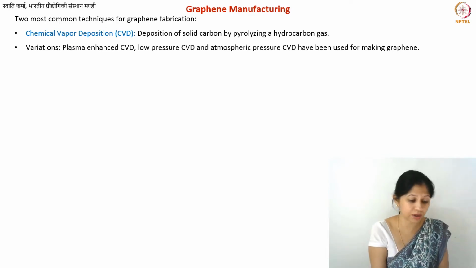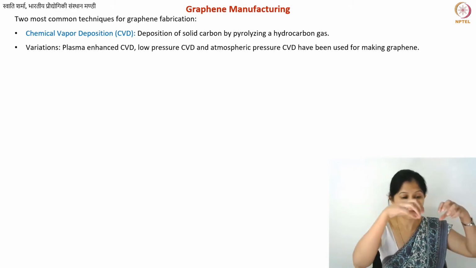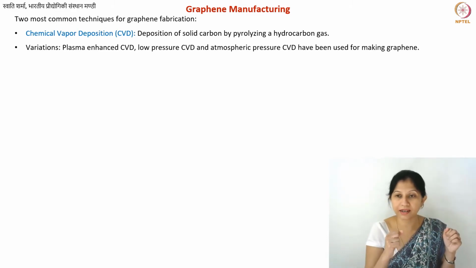This is an ionized material, so the ions will actually transfer some energy, sort of activation energy, to your chemical process, and also the deposition process. Sometimes they will also improve the diffusion of the species that have been formed into your catalyst. So basically you can perform the process at a lower temperature. So that is plasma enhanced CVD.